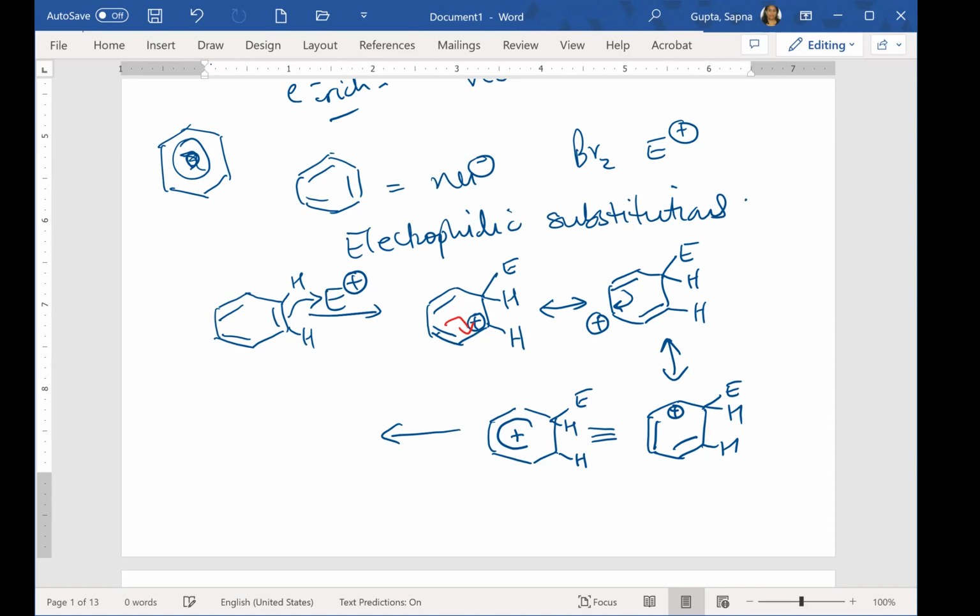So then the last step is where the conjugate base will come in and pick up the hydrogen from here. And this will drop its electrons back into the ring. And all is well in benzene world.